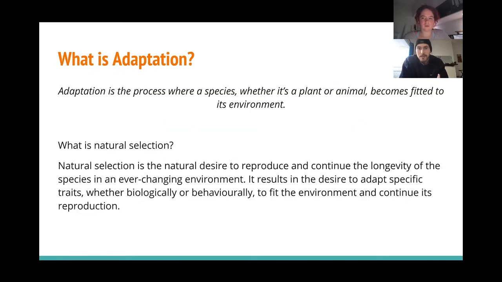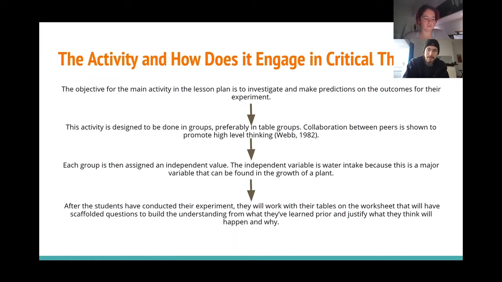So for our activity, the objective for our main activity is to investigate and make predictions on outcomes for their experiment. We decided to group the students up and provide them with an opportunity to work cooperatively and communicate their ideas to each member of the group. So this is collaborative learning, and collaborative learning is beneficial because it fosters social interaction.